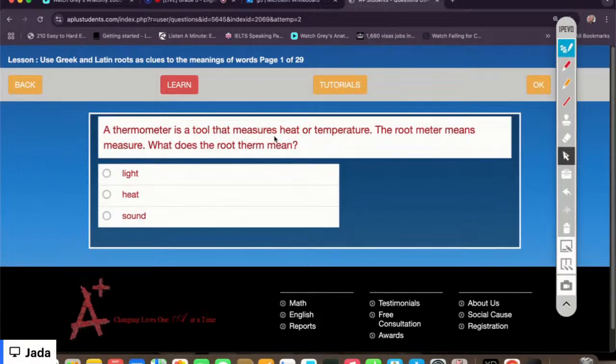A thermometer is a tool that measures heat or temperature. The root meter means measure. What does the root therm mean?